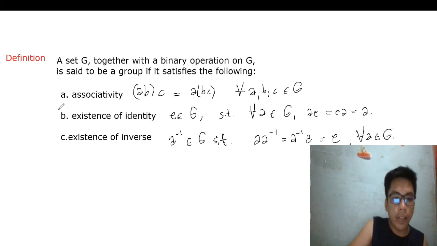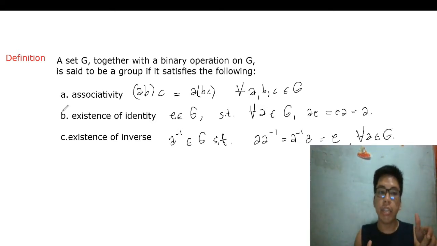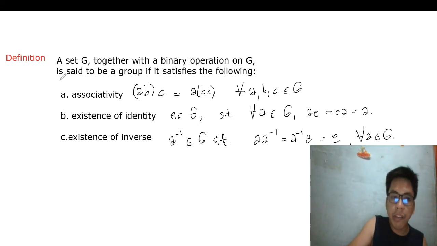These three are the criteria for us to identify if the set is a group. But first things first, before we check the three criteria, we have to remember that G should be closed under the binary operation.